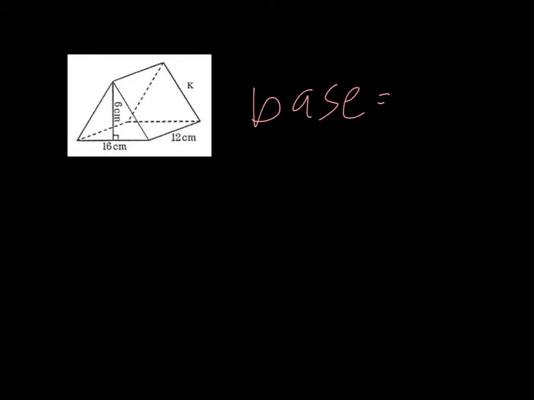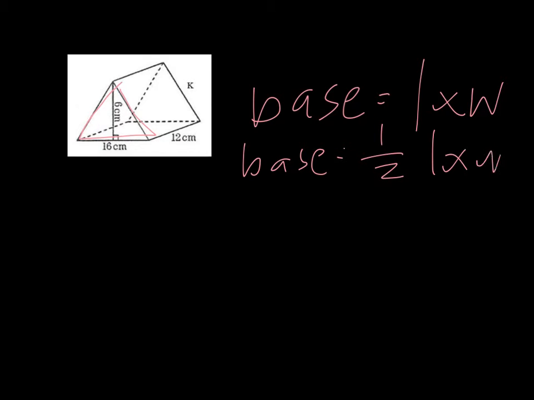Now, sometimes you might have a figure like this where it doesn't tell us the base, but we know that base equals length times width. Now remember, this is a kind of a special occasion because this is a triangle. So the base for a triangle, or the area for a triangle, is 1/2 length times width. 1/2 times the length times the width.